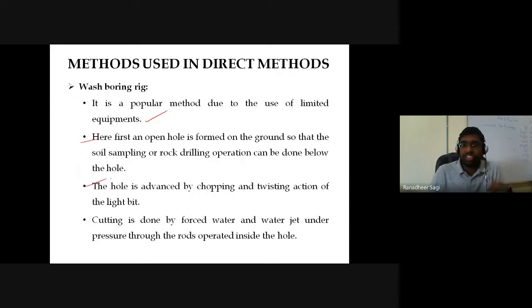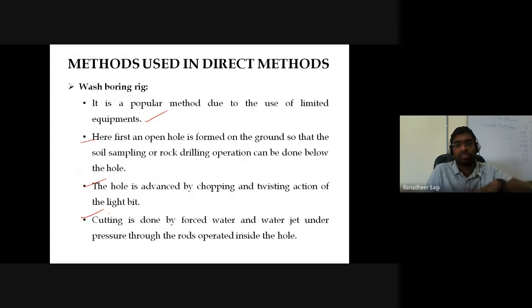The hole is advanced by the chopping and tipping action of the light, smaller bit available at the bottom of that hollow connecting rod. Cutting is done by forcing a water jet under pressure through the rods operated inside that hole. So by pumping water with the required pressure, you are cutting the soil there.